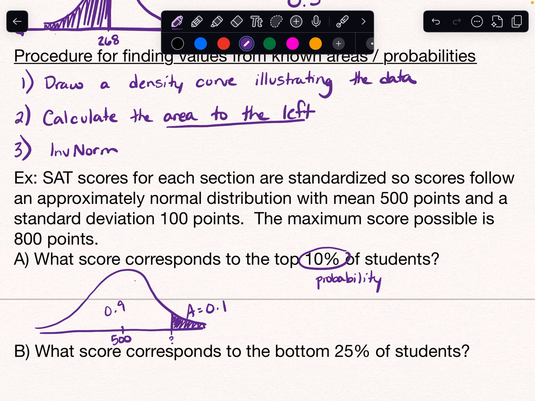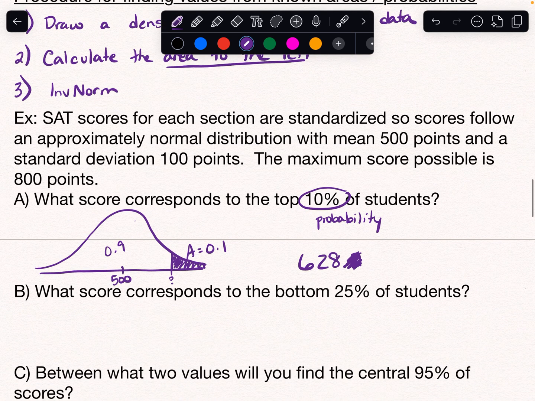I got out 628 point 2, or maybe just 628, because I don't know if SAT scores can have a decimal. So a score of 628 on your SAT is the cutoff mark for the top 10%.